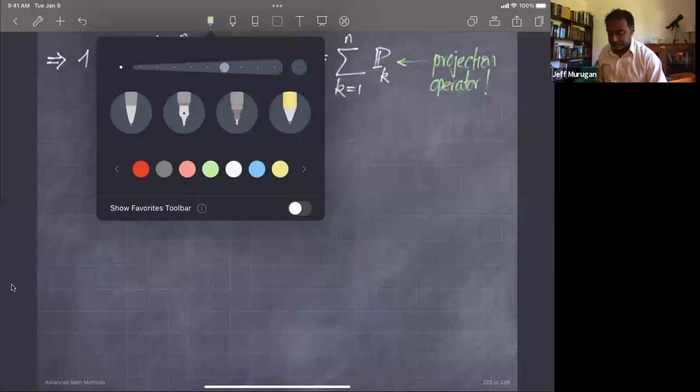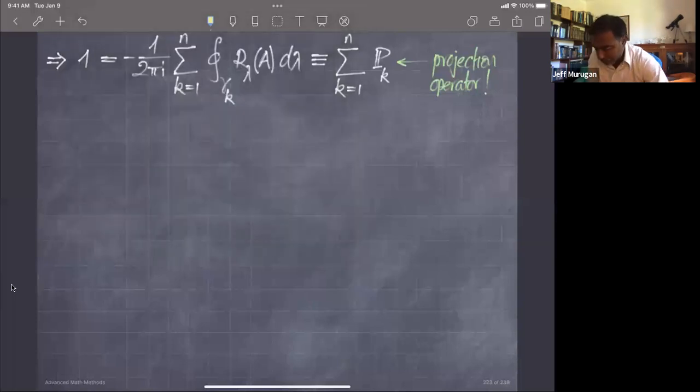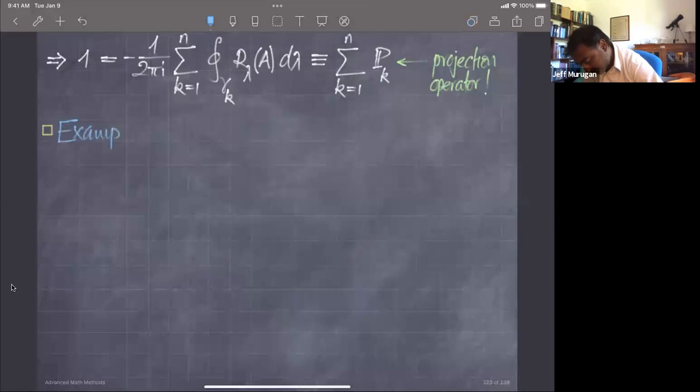Okay. So let me do an example to show you how this would work. So in my example, I want to check if these PIs, or PKs, are indeed projectors.